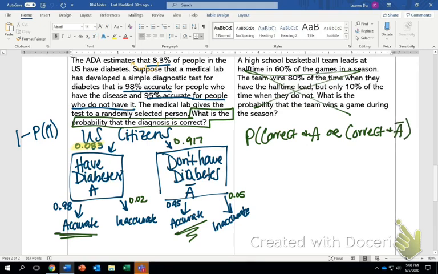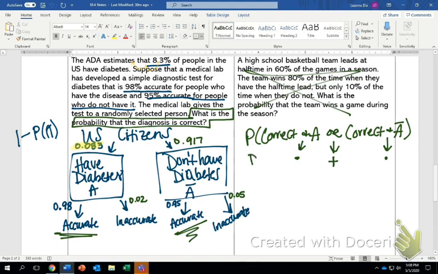So now I have both an and statement and an or statement inside of my probability. It looks a little more complicated, but I promise you it's not. We are going to turn the or sign into a plus sign, and the and signs into multiplication symbols.